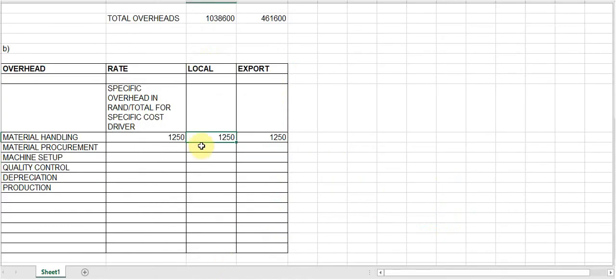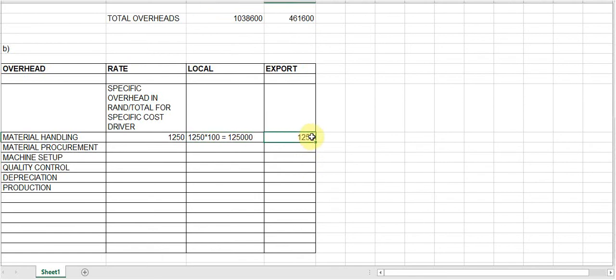So I will multiply here by 100, which should give you 125,000, and I need to multiply here by 60, and according to my calculator, so I'm just using my calculator now so that you may follow as to how I got to the calculation. It's 75,000 rand.